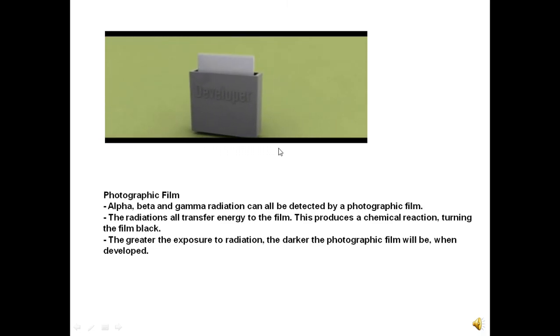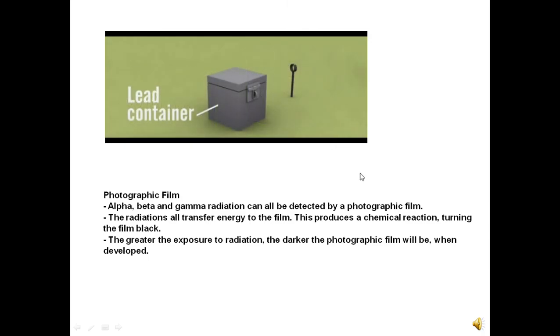When you develop your film, you can see lots of exposure here, less exposure here, and less exposure again in the middle. Gamma isn't very ionizing at all. It has to be absorbed by the nucleus, and most of them are not.